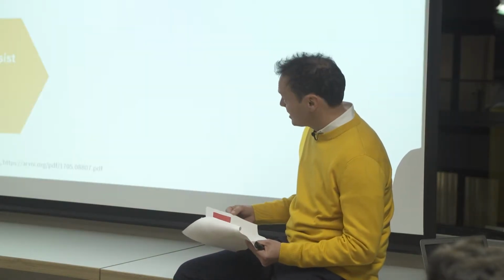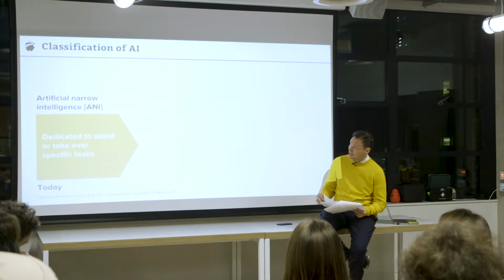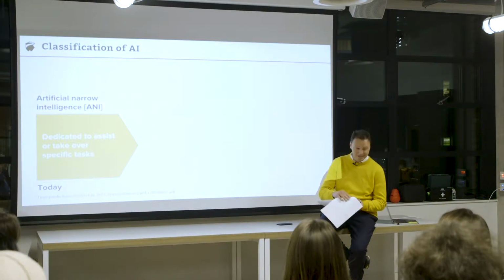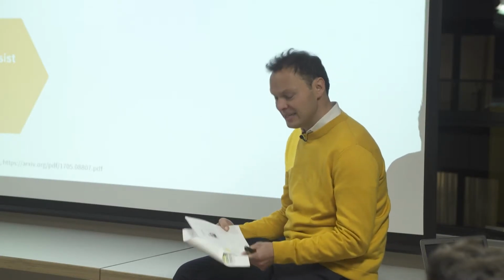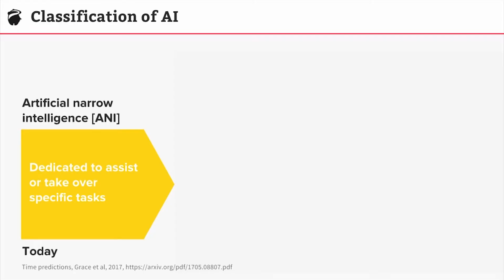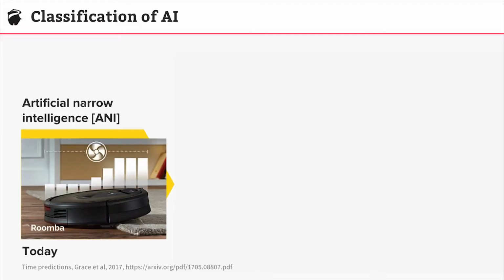And where are we today with this artificial intelligence? There's a classification of artificial intelligence. The first one is called artificial narrow intelligence. That's the AI that's in the world today. These are dedicated systems. They can't generalize. That means they cannot apply what they know from one field to another. That's the limitation. And these are things like the Roomba, these vacuum cleaners that cruise your house.